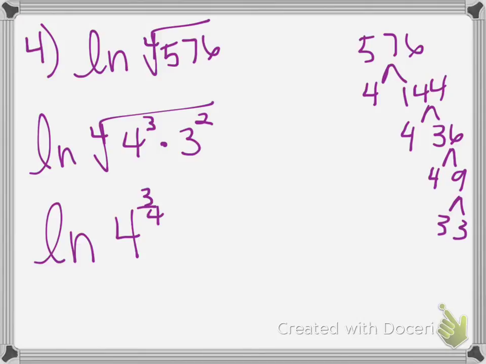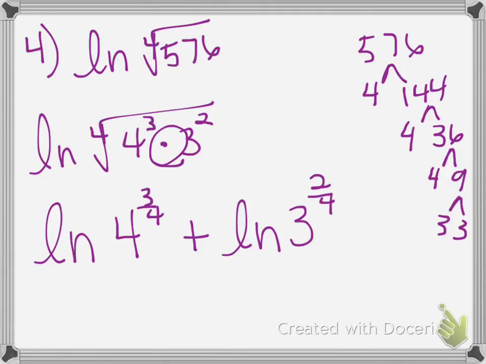And I'm going to jump ahead a little bit and utilize that product rule and say that that's now addition, plus ln of 3 to the 2/4 power. So remember how we went from radical form to exponential form and exponential to radical. That all has a purpose, and this is the reason why, okay?